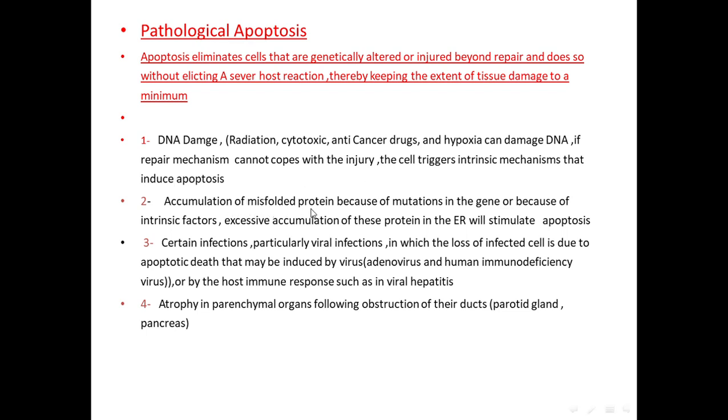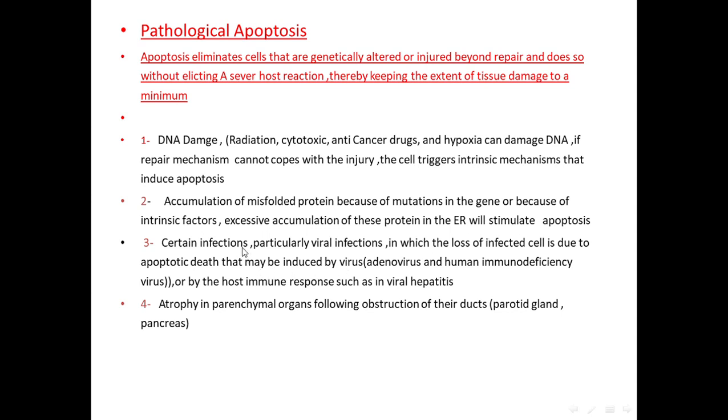Another example is accumulation of misfolded protein because of mutations in the gene or because of intrinsic factors. Excessive accumulation of these proteins in the endoplasmic reticulum will stimulate apoptosis.